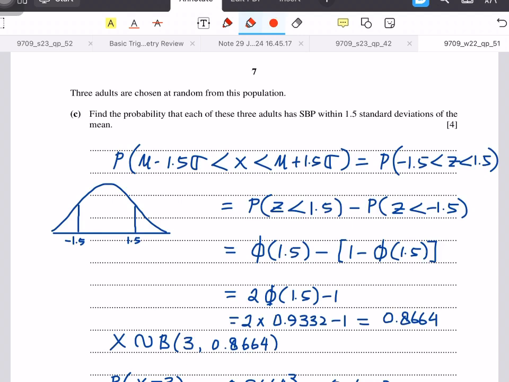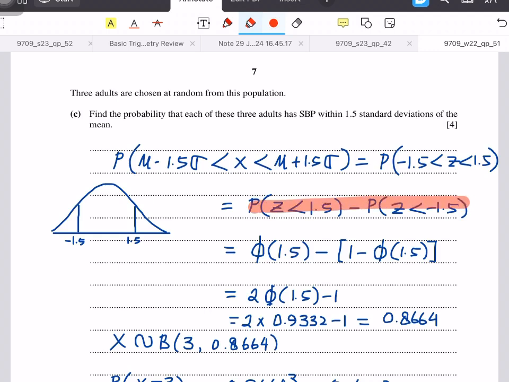So, it means that X lies between mean minus 1.5 standard deviations and mean plus 1.5 standard deviations. After we standardize into Z values, Z will lie between negative 1.5 and 1.5. So this is the diagram.